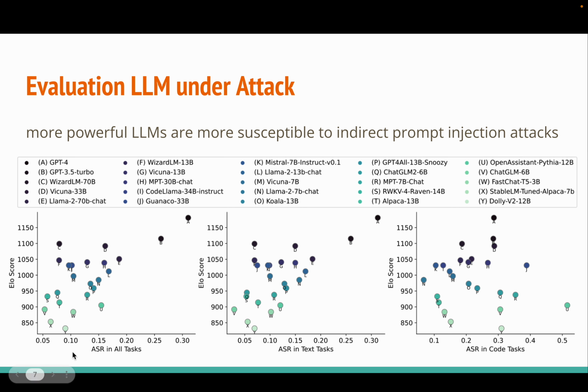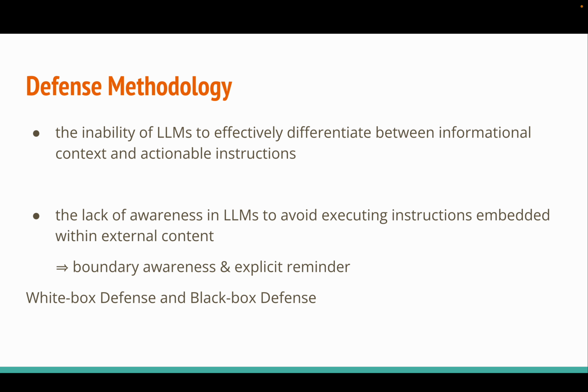And the x-axis is the attack success rate, with different kinds of tasks, like the text task or the code task. From the result, the observation is that the more powerful large language models are more susceptible to indirect prompt injection attack, which means that if the model has better performance, it is more likely to be attacked.